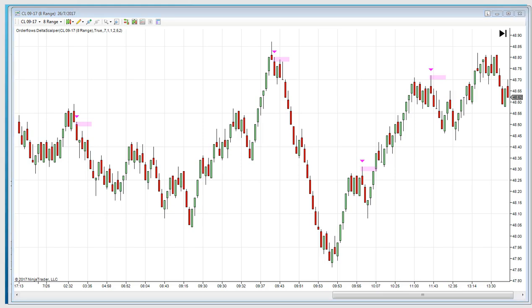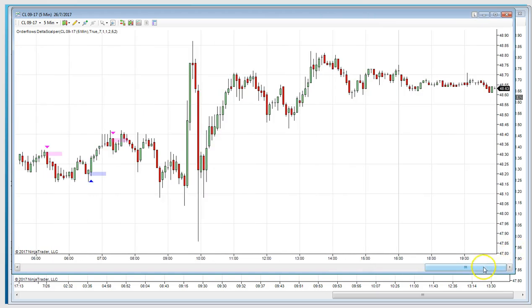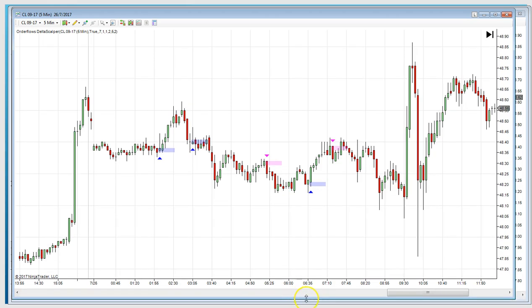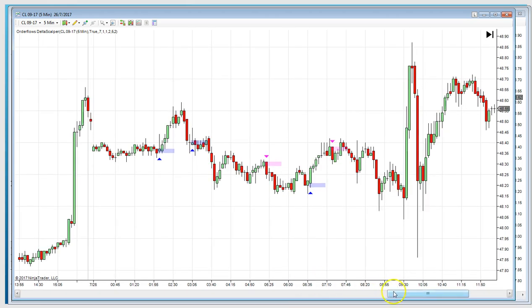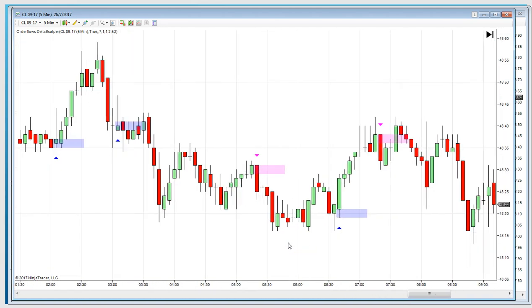Let me compare it really quick to a 5-minute chart here in crude oil. And here's the Delta Scalper. This is the evening session right now. Let's open this up. What do you got here? Yeah, you got a buy. You got these big monster moves here, but you didn't get much. These moves will look bigger if I cut out that there.